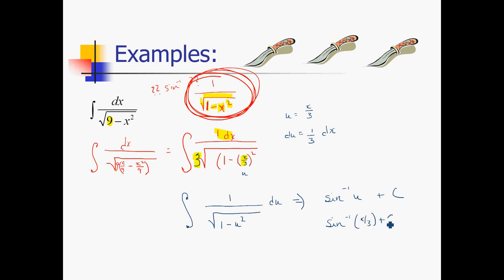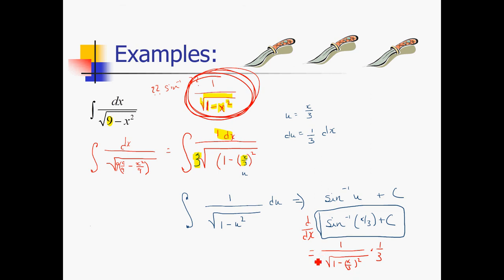Now what if with all that crap you're like, whatever, Ms. Guz, whatever? How can you check your work? What is the derivative of my answer? The derivative of inverse sine is 1 over the square root of 1 minus the stuff squared times the derivative of the stuff.